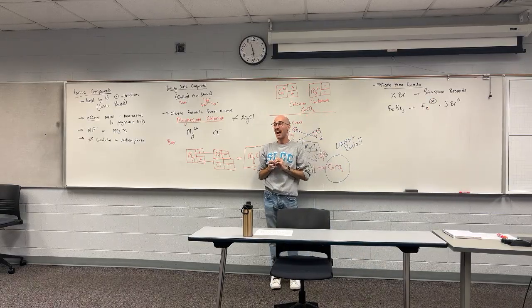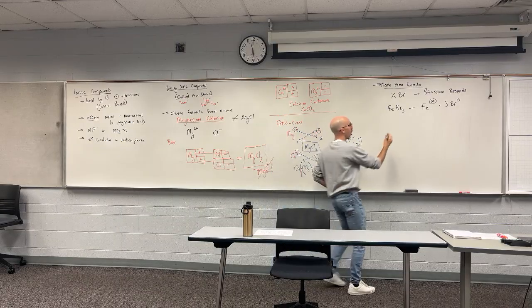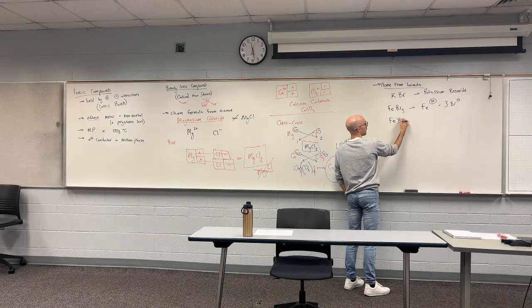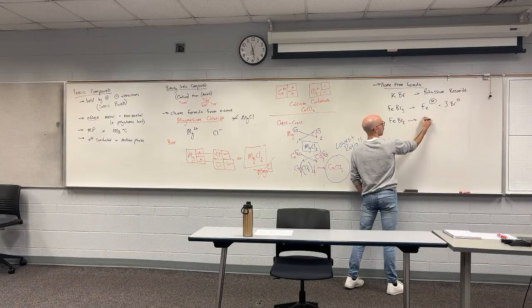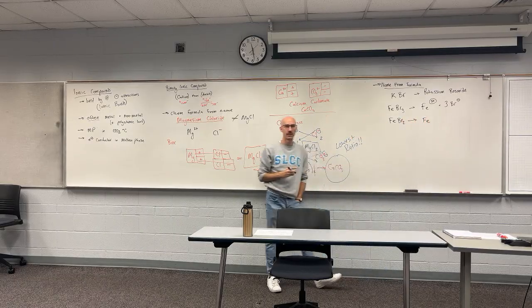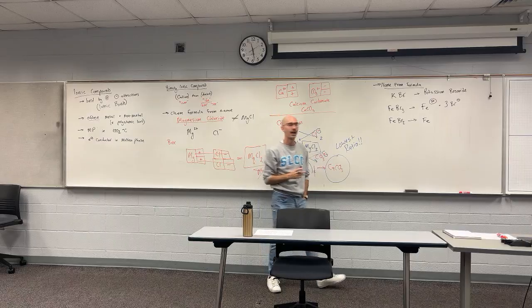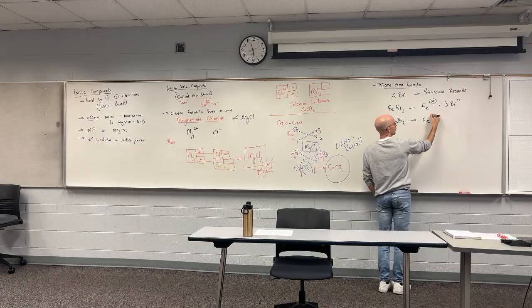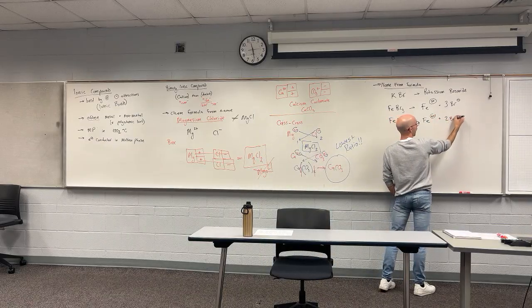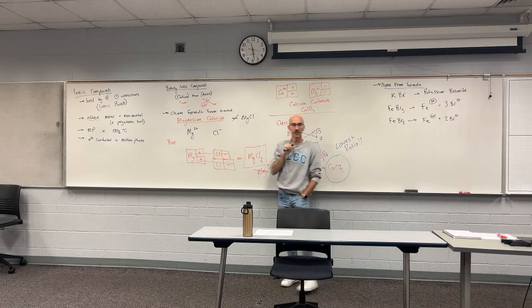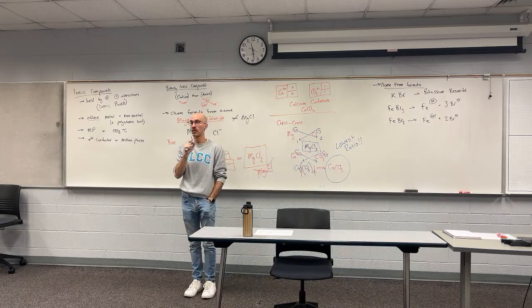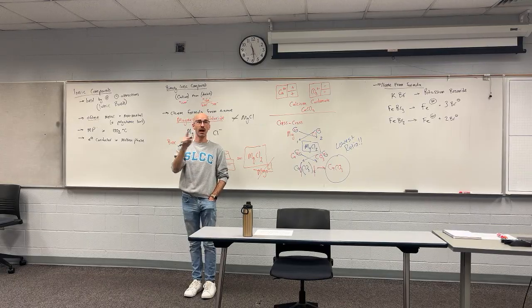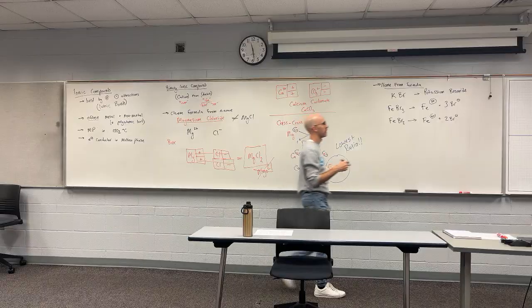But it's not iron bromide, because iron can also be FeBr2. What charge does iron have here? A 2 plus, because there are 2 bromide ions. I have to distinguish iron 3 plus from iron 2 plus. So in the name, we introduce Roman numerals to describe the charge on the metal.